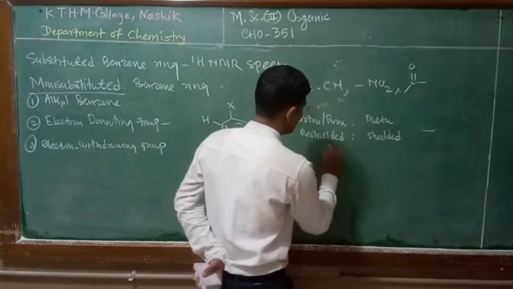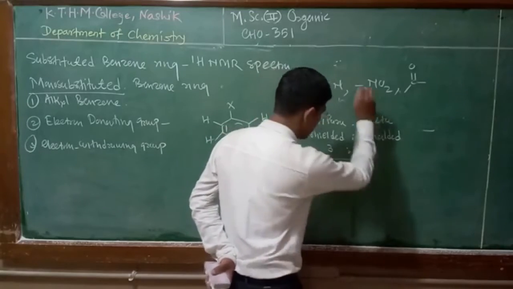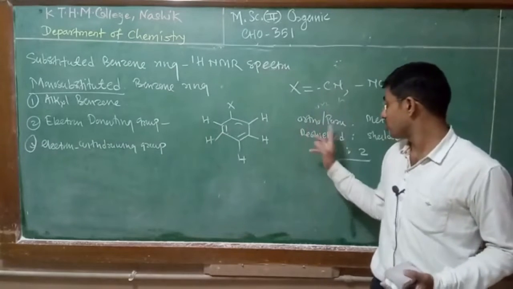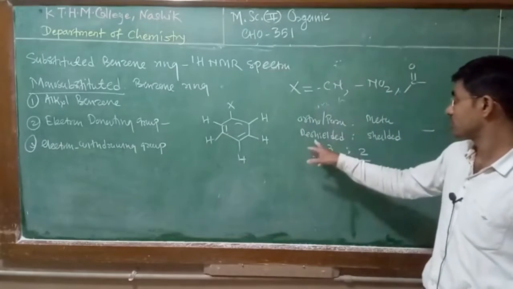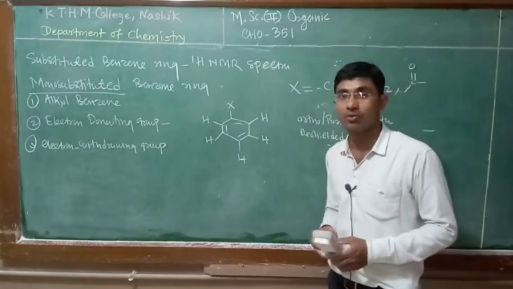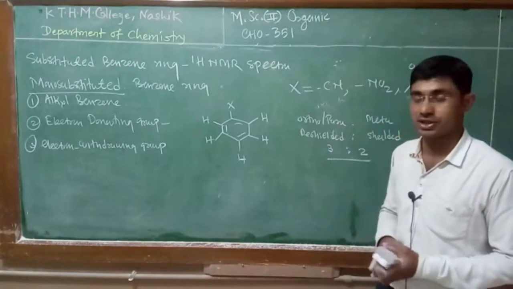So in a 3:2 ratio we expect this. In this way we get the signal for the electron withdrawing group by drawing the resonance structure.